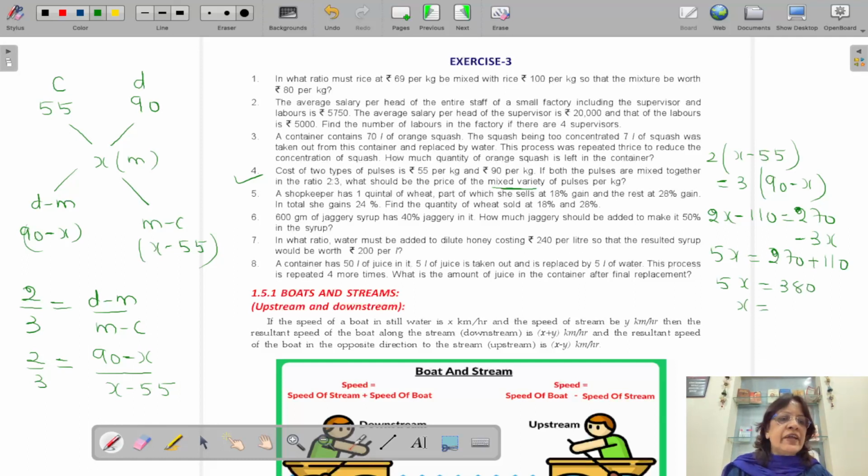X will be 76 is the answer for this. Yes, 76. So cost of mixed variety will be 76 per kg. Units are very important. So this was the next type of question in which ratio was given and the mixed mean price was missing.